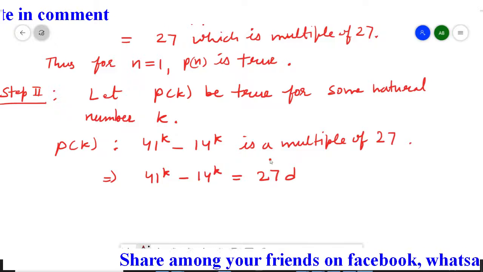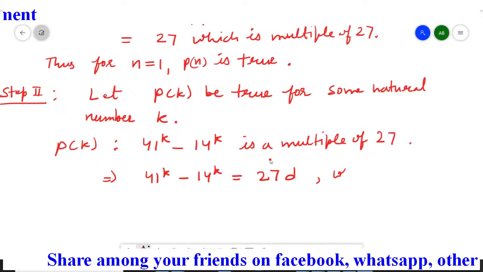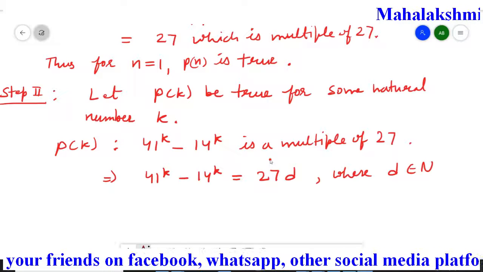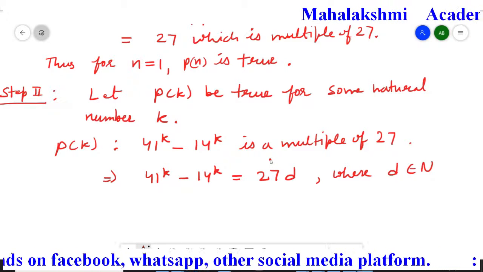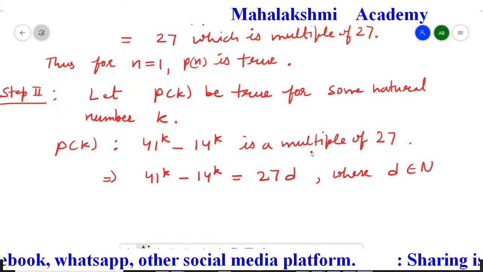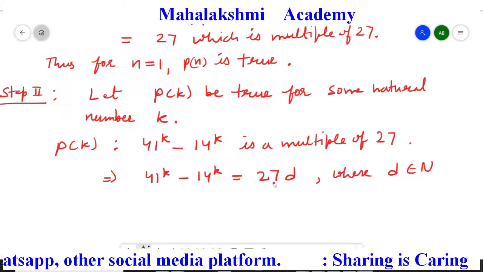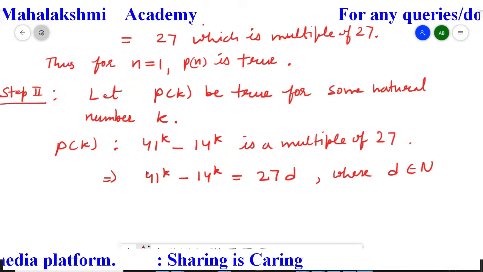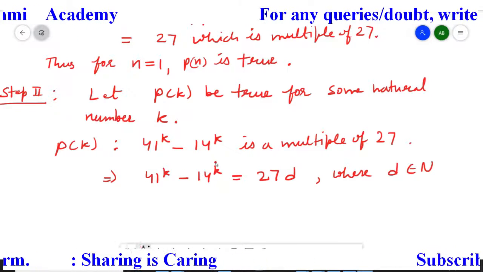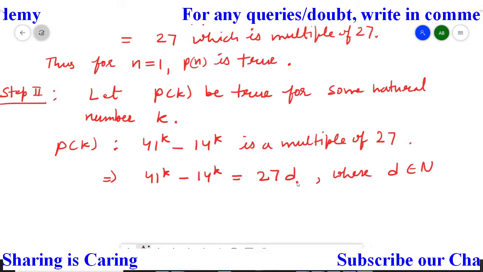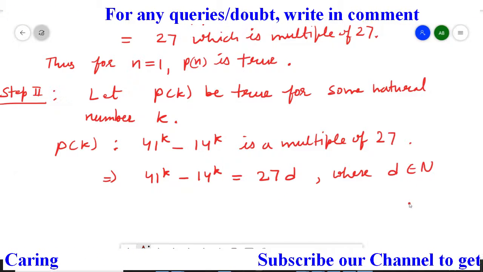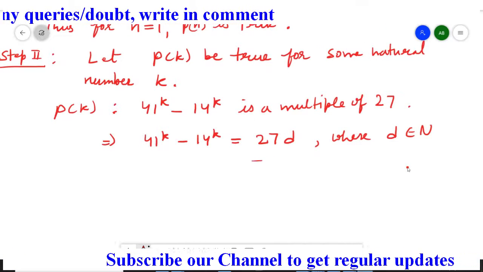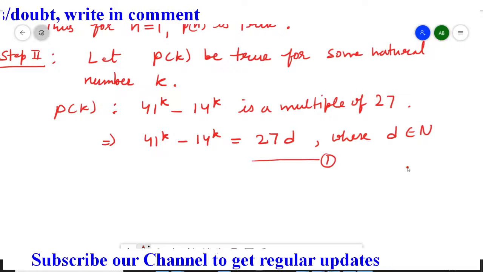That unknown number I assumed as d. And what is d here? d is some natural number, so it belongs to capital N. Capital N means the set of natural numbers. Because it's a multiple of 27, it means 27 multiplied by some number. We don't know what that number is, so I assume it as d, and d is any natural number. So this is going to be our equation 1. So the second step is done.